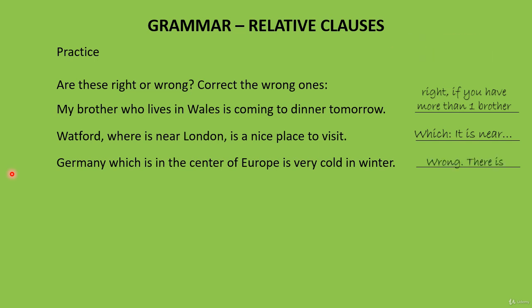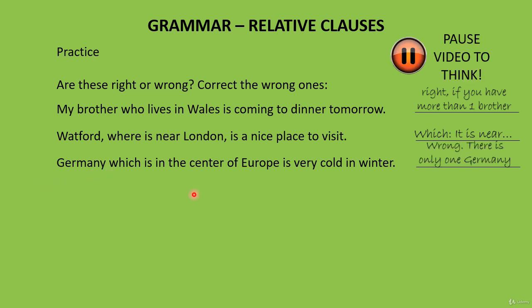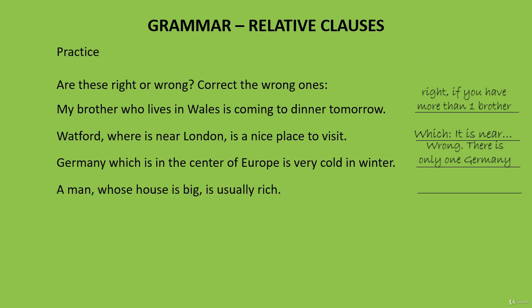This is wrong. There's only one Germany, so you need commas. Germany, comma, which is in the centre of Europe, comma, is very cold in the winter. This is wrong. Which type of man? We are not being specific about a man whom we know, and we're not giving extra information about an undefined type of man.